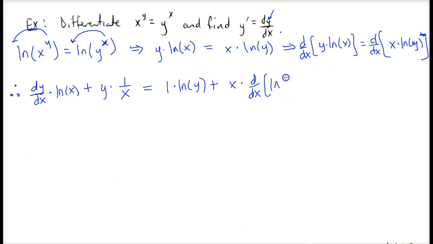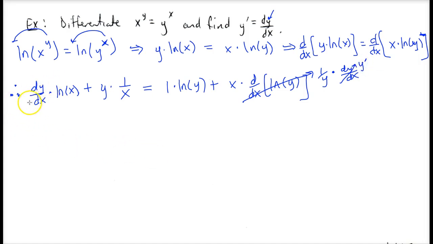So I'll do that here. For the chain rule, the derivative of natural log of y is just 1 over y, times the derivative of the inside function, y, which is just dy over dx. And of course, we're going to rename this y prime for short.